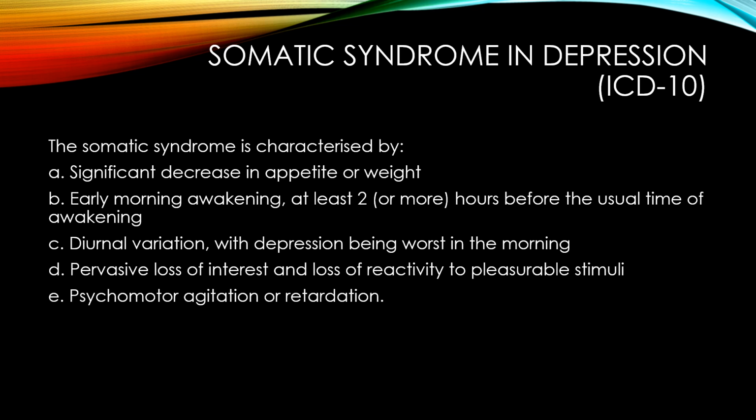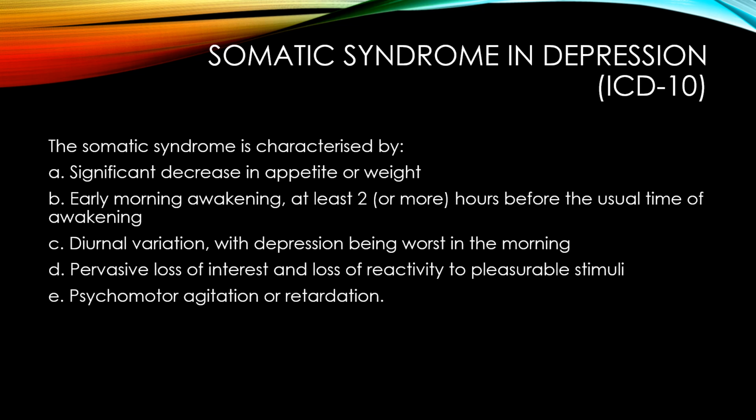Early morning awakening at least 2 hours before the usual time of awakening is seen in depression. Diurnal variation is seen. Again, depression is worse in the morning. This is usually related to the cortisol levels, because in depression there is abnormality in cortisol levels, and this leads to worsening of the symptoms in the morning.